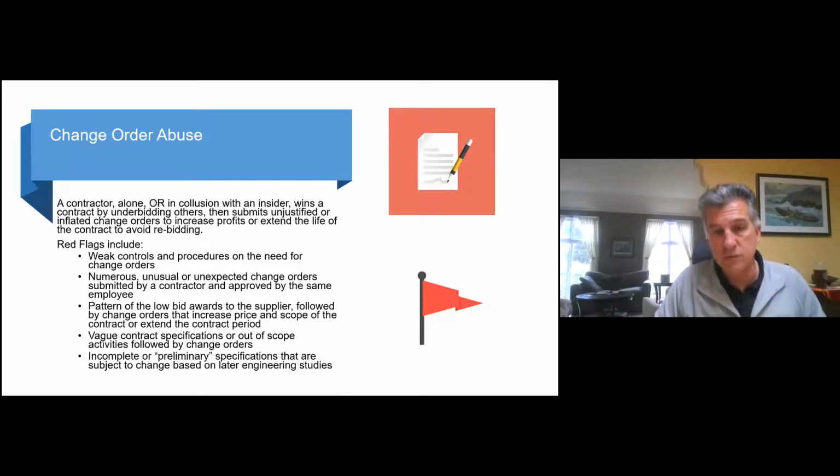Vague contract specifications or out of scope activities quickly followed by a change order, or incomplete or preliminary specifications that are subject to change orders based on later engineering studies.